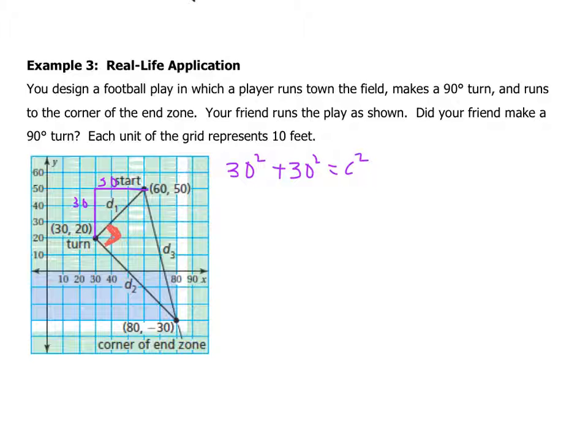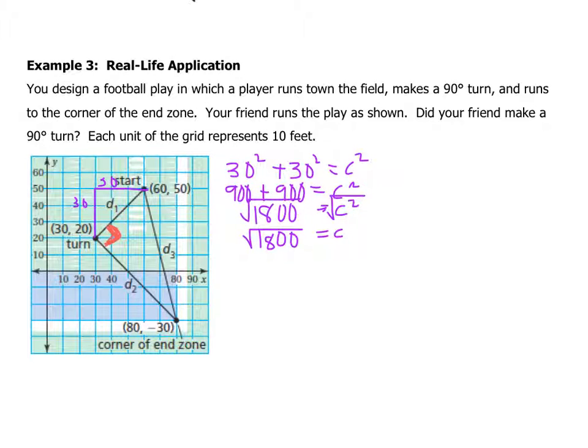All right, so let's just finish it up. 900 plus 900 equals c squared. So I get that c squared equals 1,800. And when I go to take the square root, you get some weird decimals. So just go with me. It's going to look a little weird right now. Let's leave it as just the square root of 1,800. Let's not actually get the decimal.